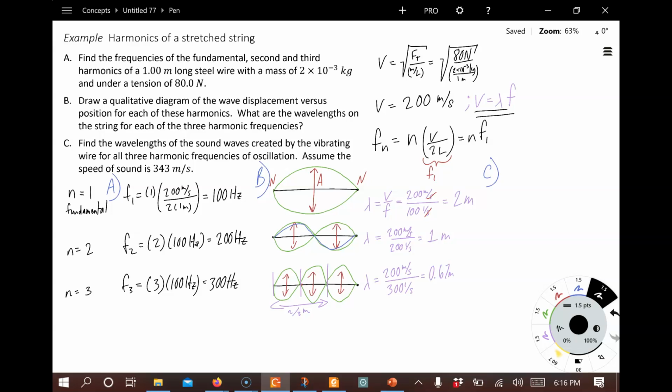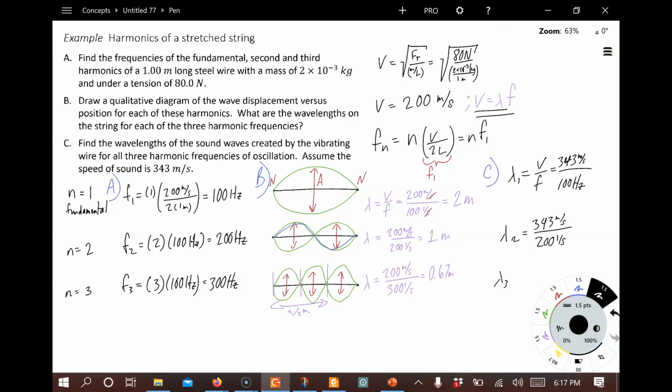Again, the wavelength formula, it's going to be lambda is v/f. Frequency is the same, as I said, but now the wave speed is different. Speed of sound, 343 meters per second about at room temperature. And so for the first one, it's going to be a frequency of 100 hertz. The second one, it's going to be the same equation, but now it's a frequency of 200 hertz.